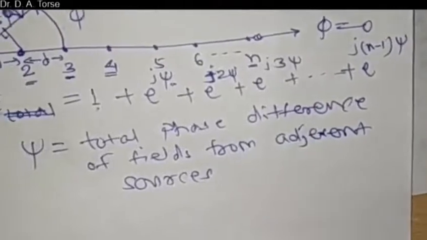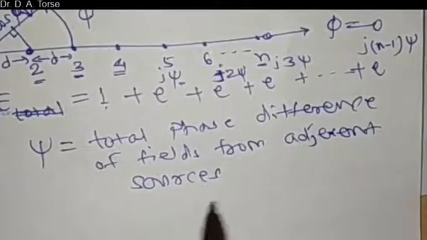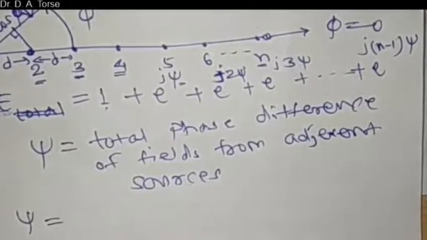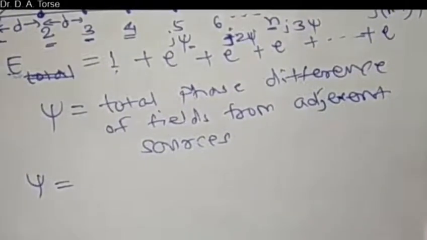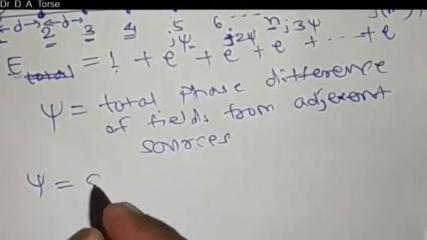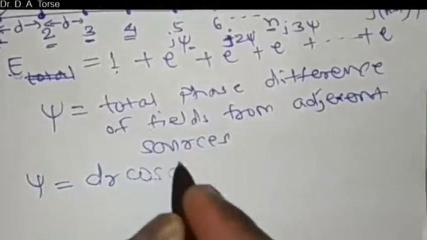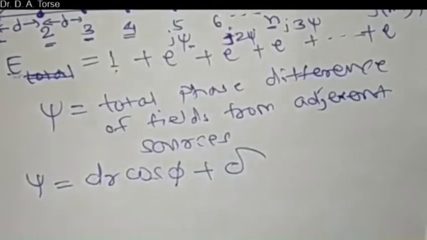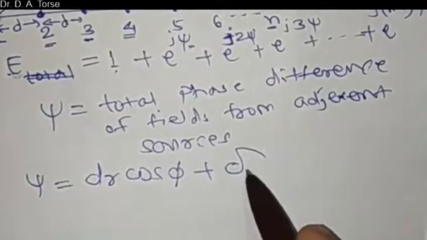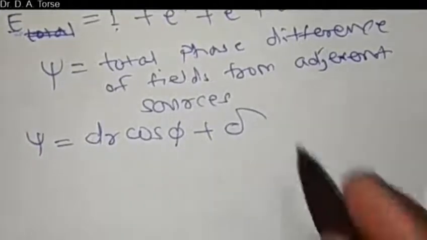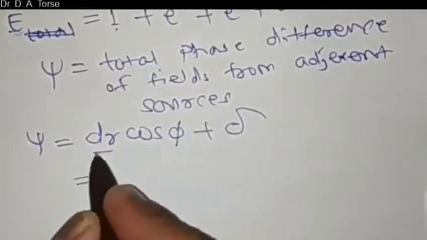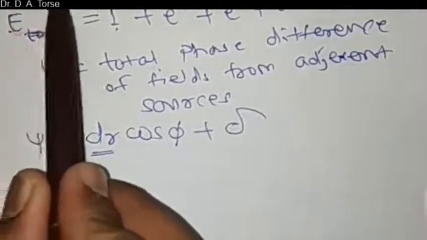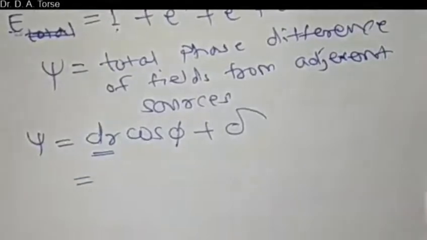So psi is representing the total phase difference of fields from adjacent sources, and the value of psi is computed in a very similar way to how we computed it in previous derivations. It is given as d_r cos phi plus delta. I'll come to this delta once I write the equation for d_r. As you know, d_r is distance in radians, where in the diagram we have represented d, the distance between two elements, in meters.